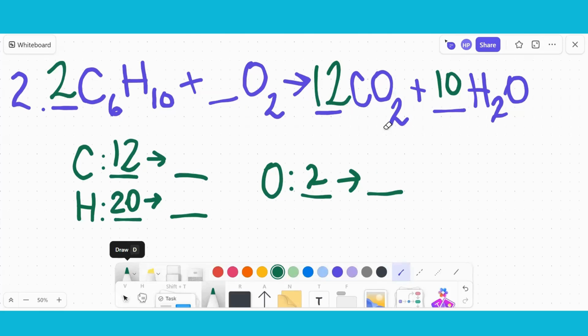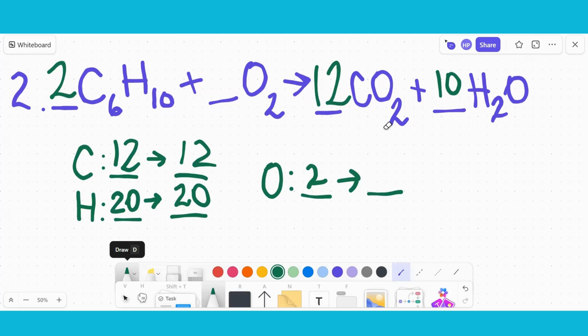On the right side, however, we have 12 times 1 carbons and 10 times 2 hydrogens. If you struggle with your times tables, you can use a calculator during these problems. That is totally okay with me.